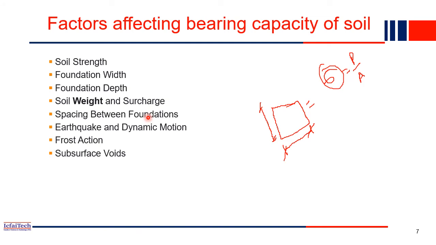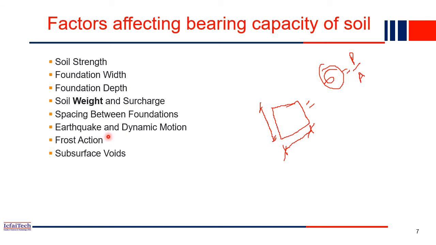Then earthquake and dynamic motions. If the area is located in an earthquake prone area, in that case what will happen? Ground will shake very frequently, yearly twice or thrice ground shaking will happen because of earthquake. So in that case the bearing capacity of soil also may degrade because of earthquake. Then frost action, in the Himalayan region during winter time, or maybe in the summertime also, in some portions there will be snowfall.